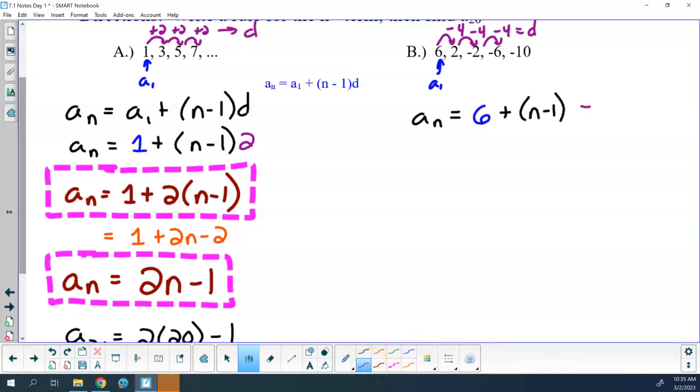Now, I will tell you that if you write it like that, if you give me that as an answer, you are wrong, because you are subtracting 4 the way you have it written. You're not multiplying by negative 4. If you write it like this, I'm okay with that. Okay? There is a difference with or without the parentheses. Without the parentheses, it's going to get marked wrong because you're subtracting.